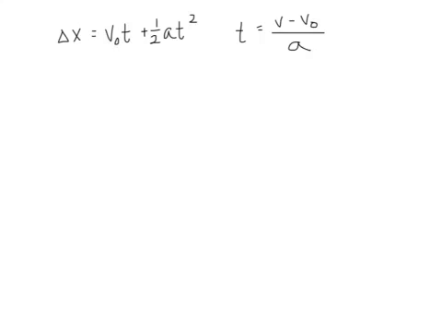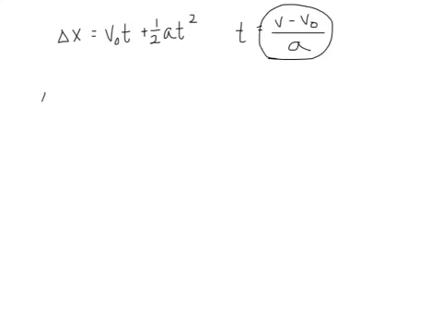Now we're going to derive a third kinematic equation using the first two. So the first one we had was v equals v naught plus at, which we have rearranged right here to say that t equals v minus v naught over a. And then our second equation right here, delta x equals v naught t plus 1/2 at squared. So what I'm going to do is take this value for t, and plug it in for t in the other equation.